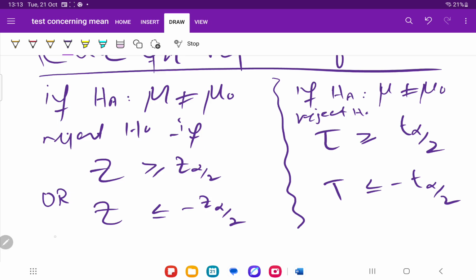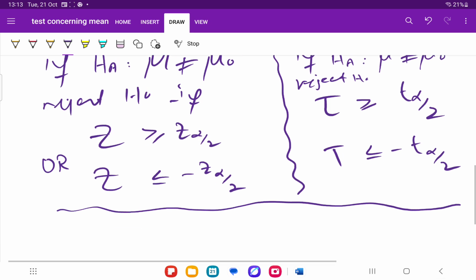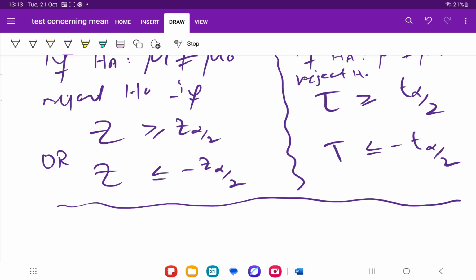This is the rule for rejecting H naught when the alternative is mu not equal to mu naught.